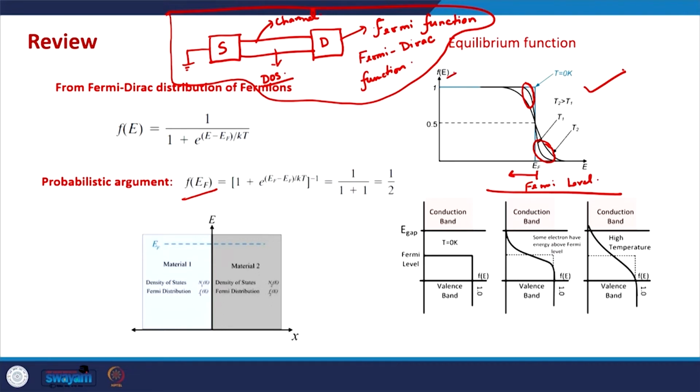So, this idea is quite important, and let me rephrase this: the idea of the Fermi function is an equilibrium concept, applicable only at equilibrium. And as we have already discussed, equilibrium basically means that each and every process in the device or in the system is countered by the reverse process.